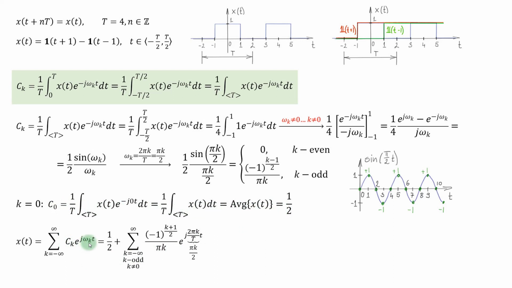Because for k is equal to 0, the omega is 0, thus the value of this entire exponential is 1. So for k is equal to 0, this entire expression will be equal to 1/2, and that is what I have here. So this entire expression is the Fourier series of my signal. It may appear as a mathematical mess, but on the next slide we will try to take a closer look at it and make some sense of it.